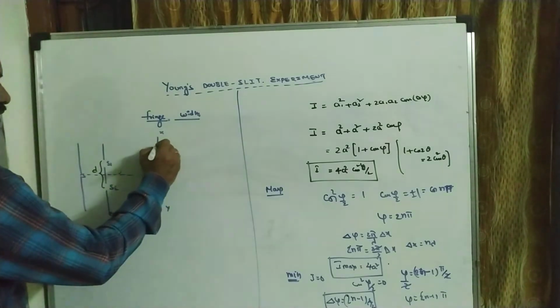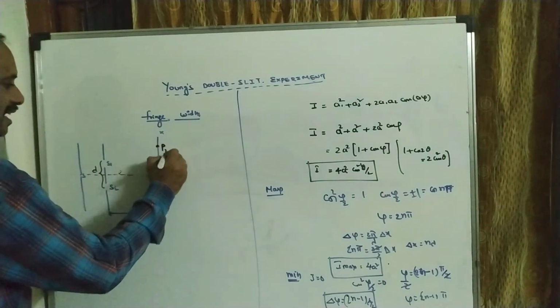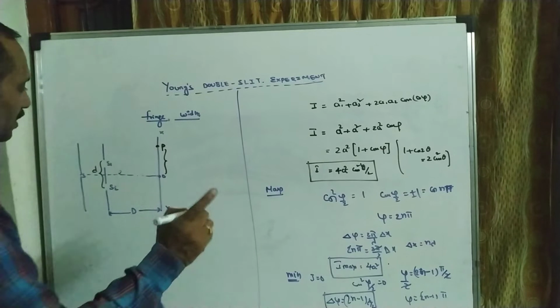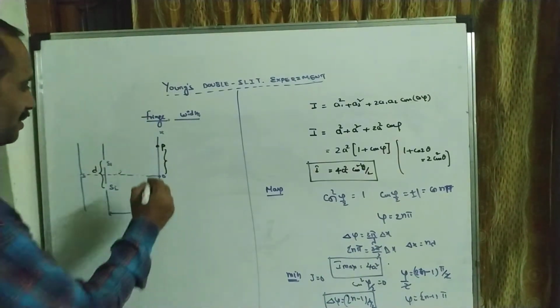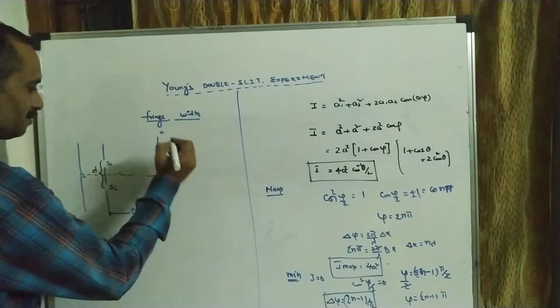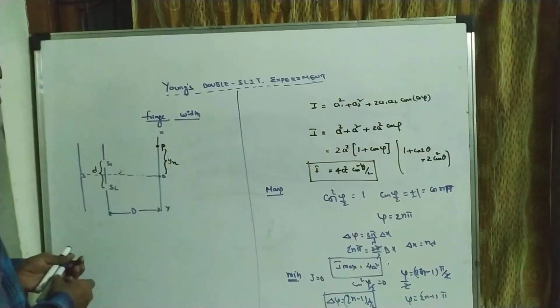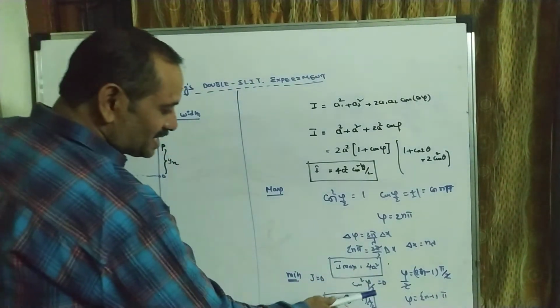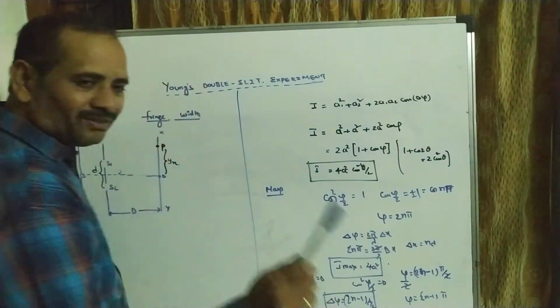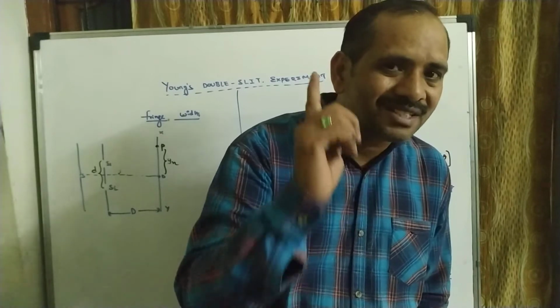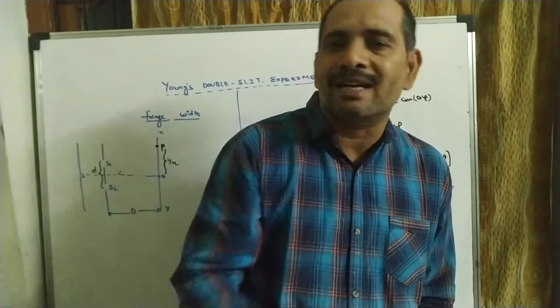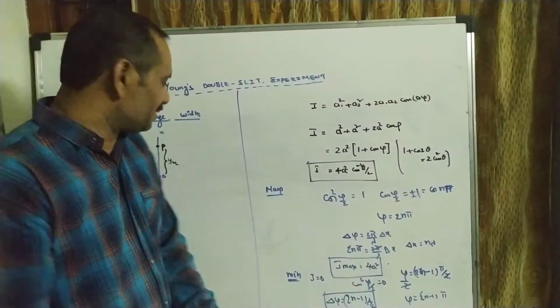Sir, I want to calculate the distance of the nth band from the center O. How to get this? For this, I have to know the path difference, delta x. In the YDSE experiment, the first step should be to calculate the path difference to get anything.